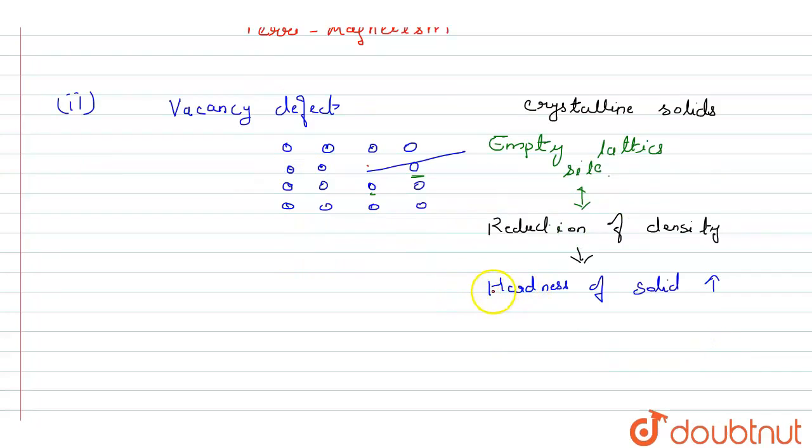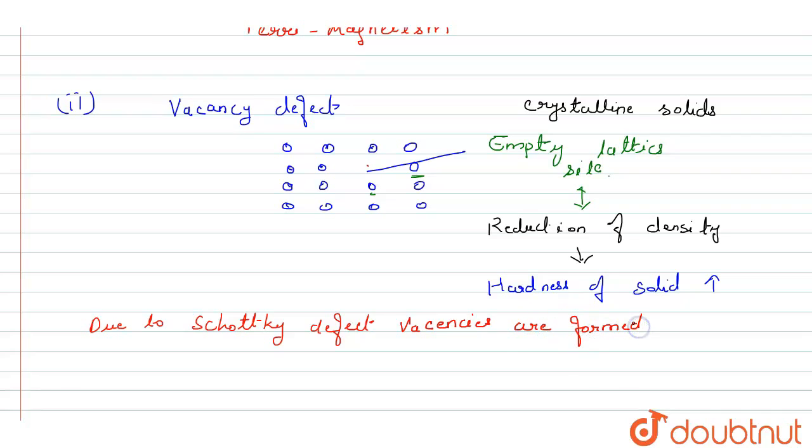In other words, we also say that due to Schottky defect, vacancies are formed and density decreases.